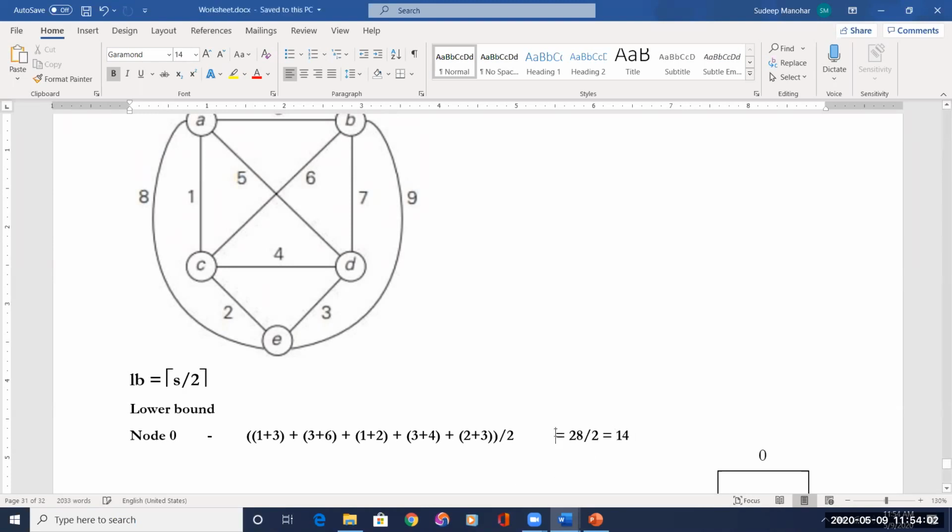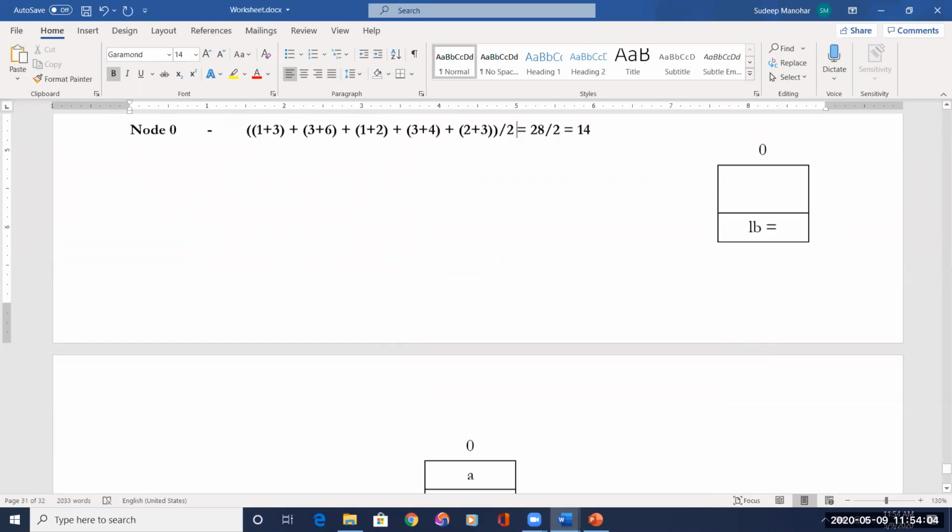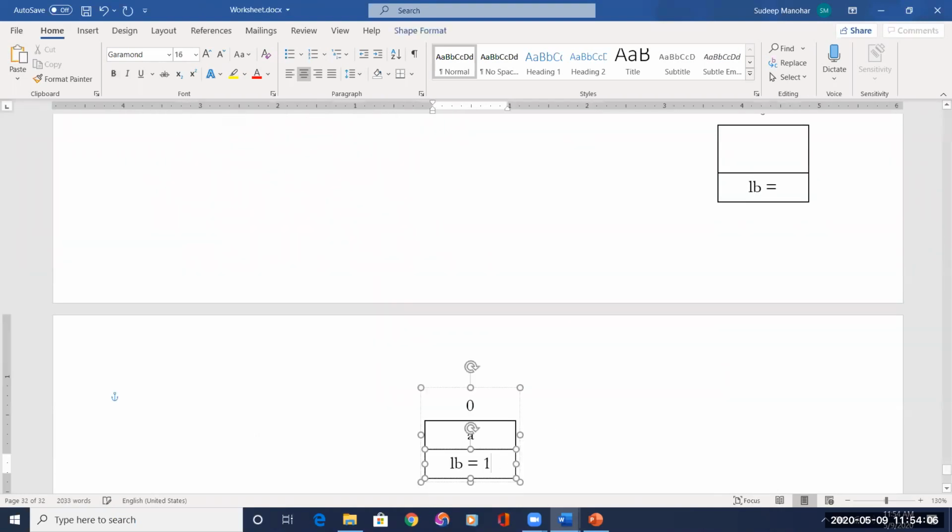The lower bound for node number 0 is 14. So this is the first step.